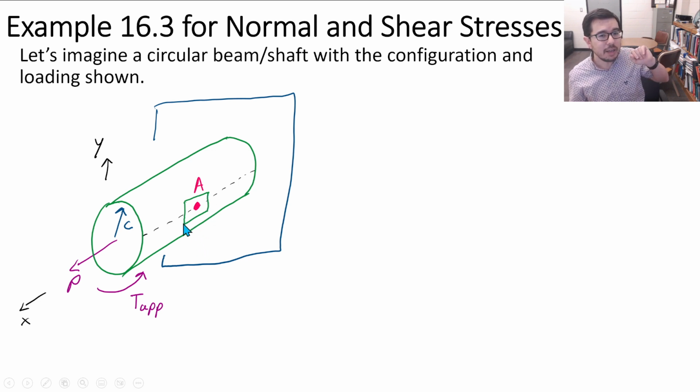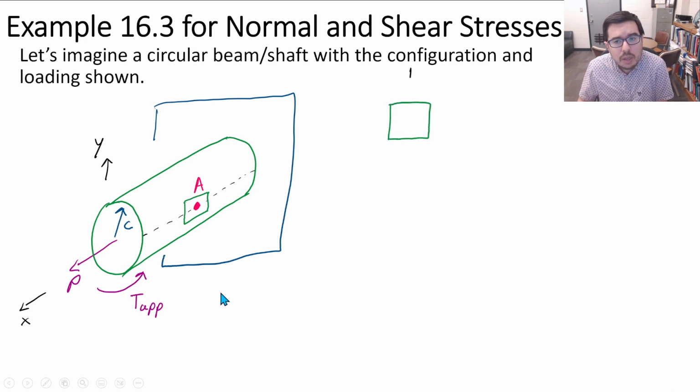That's how I like to figure out what the arrows for shear stress are going to be doing. So on this side, I'm going to have a shear stress acting upward. On this side, I'm going to have a shear stress acting downward. All right, so that's how I like to visualize what's happening with an applied torque. Let's go ahead and draw an element.